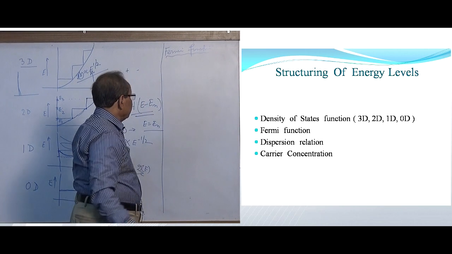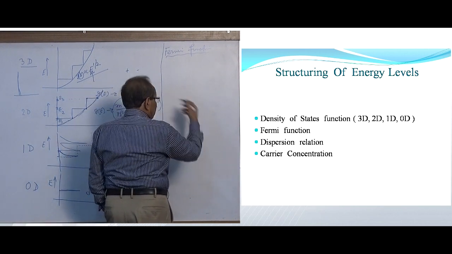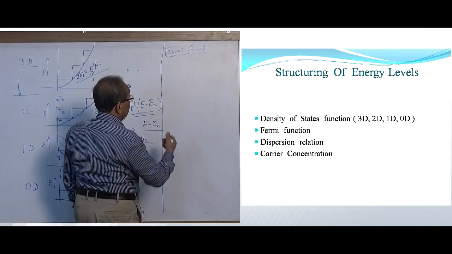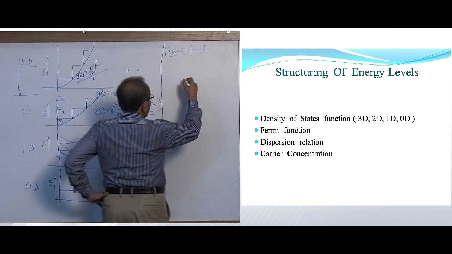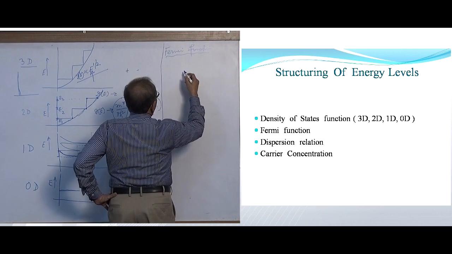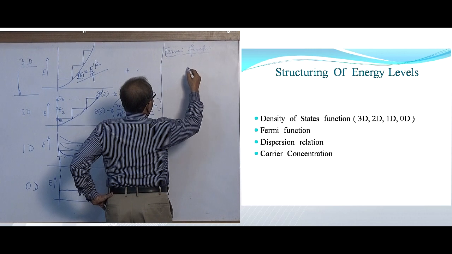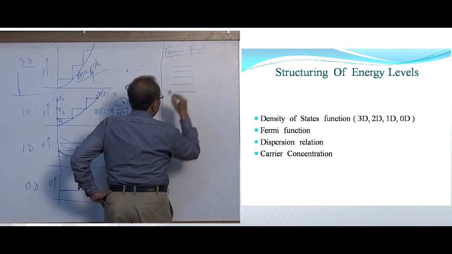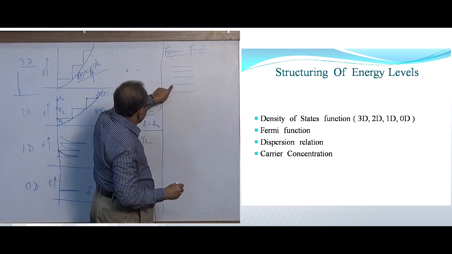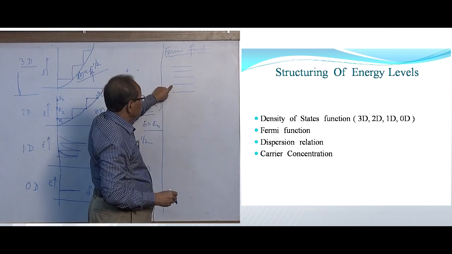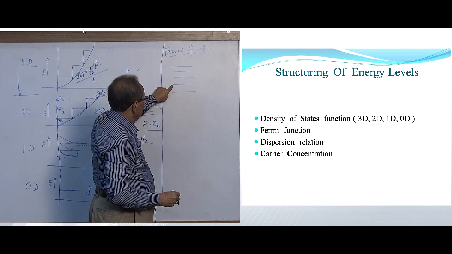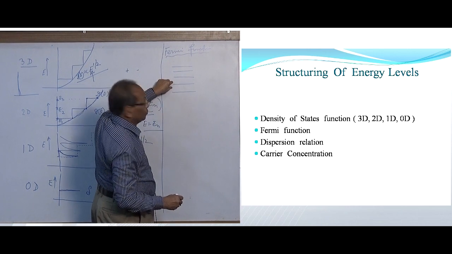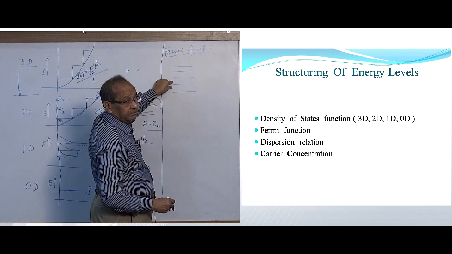The probability that a particle, either electron or hole, in my semiconductor or metal, what is the probability that a particular energy level in the material is probabilistic to hold an electron in this level?